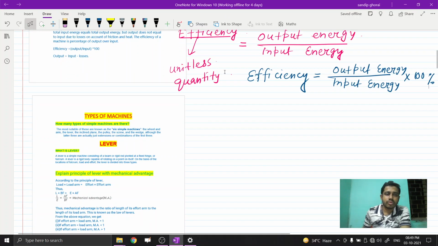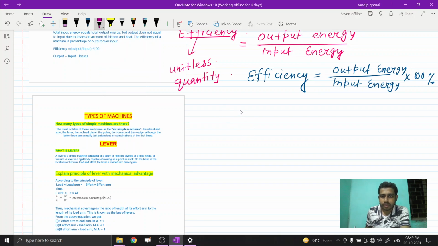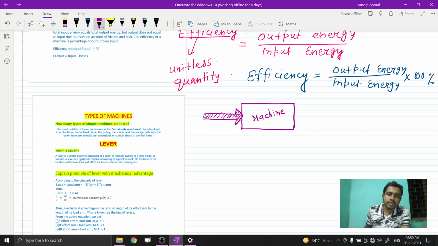So what is the actual meaning of efficiency? To know that, we take a simple block diagram like this. This is a machine. Okay, and this is your input energy. Here we use input energy, say 100 joule.